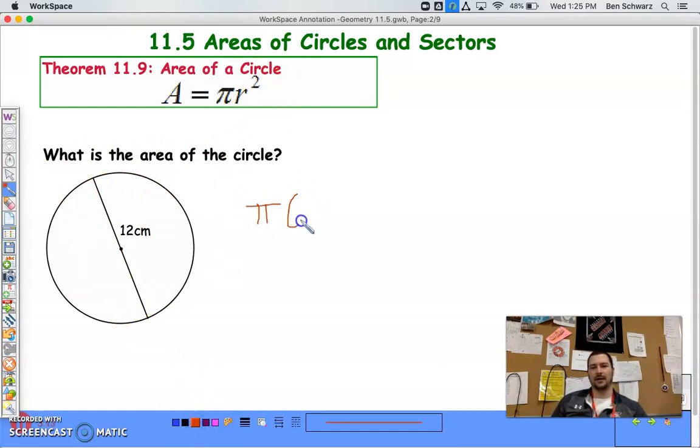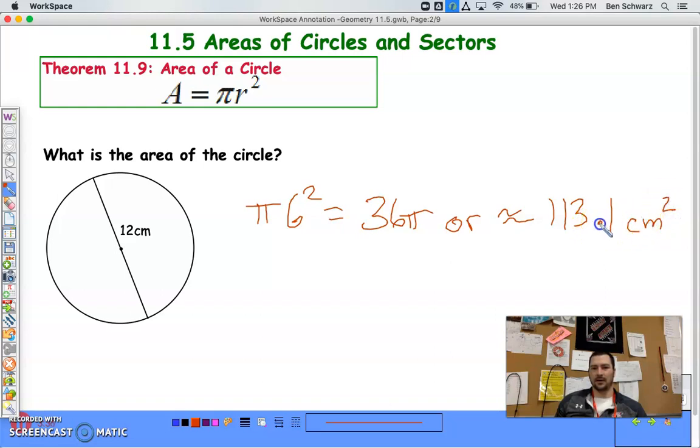So pi 6 squared would give us 36 pi. 36 pi would be the exact answer, or approximately, because when we multiply by pi, we're going to have to round, 113.1. And our units now are centimeters squared. Since our area, our units are squared now.